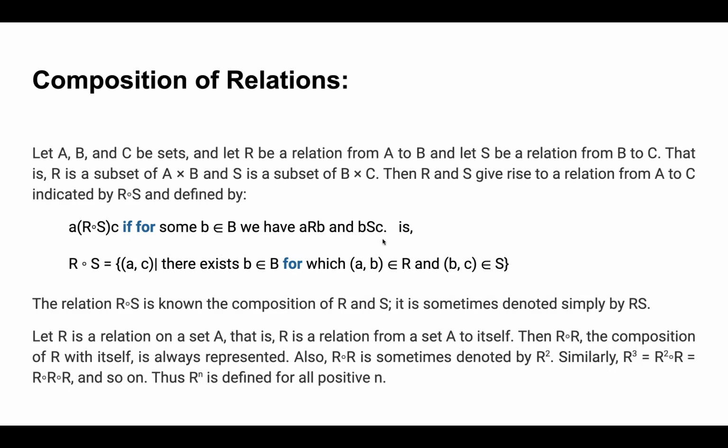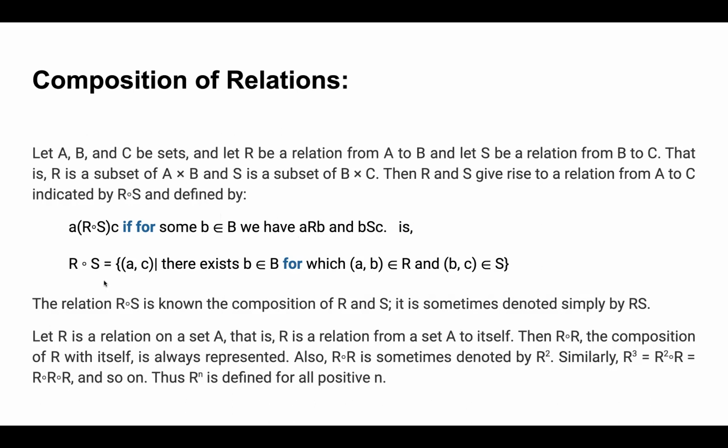What we have to do is composition of R and S. B is the common element. What about that common element? Relation from A to B, and relation from B to C is there.